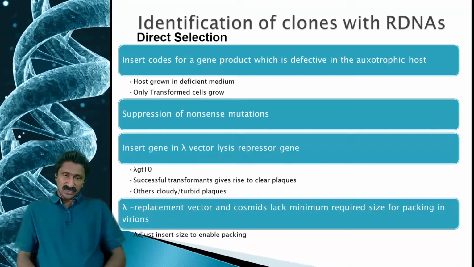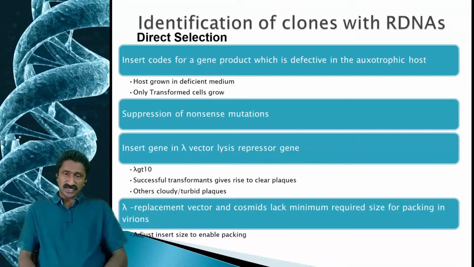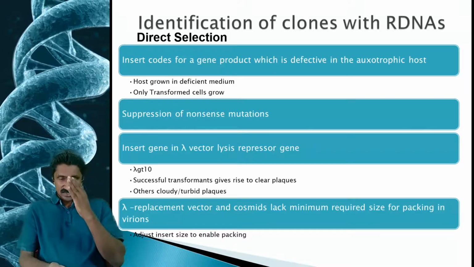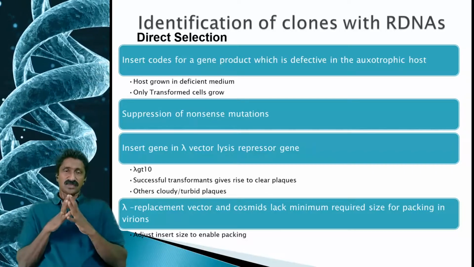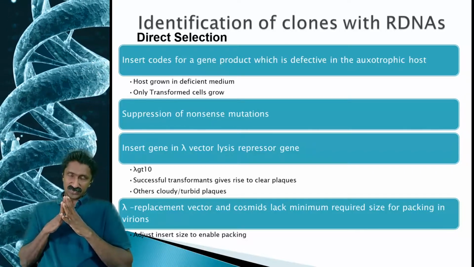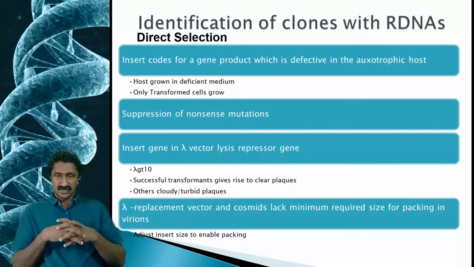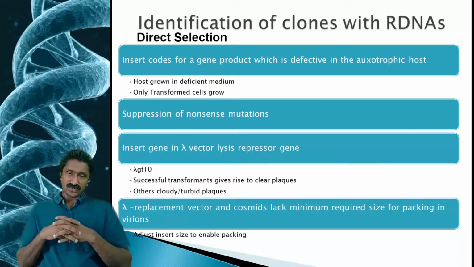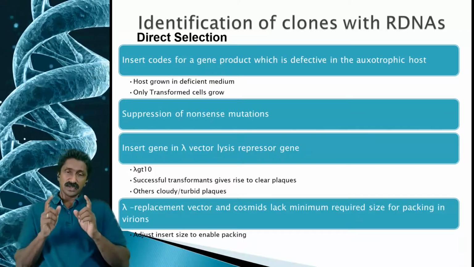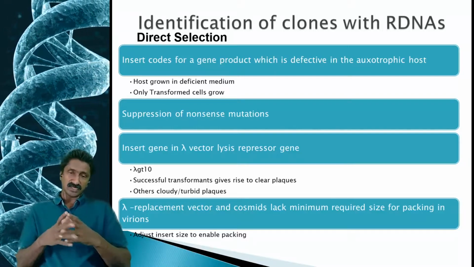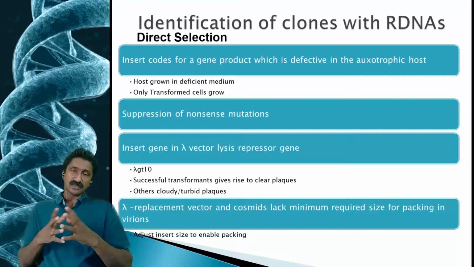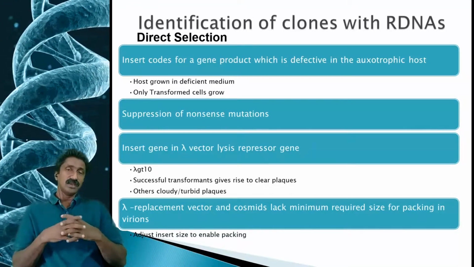A successful transformant will give rise to clear plaques because the insert is placed within the lysis repressor gene, thereby disrupting the function of the lysis repressor protein, which results in the lysis of the transformed cells. So successful transformants will give clear plaques only, and others will give cloudy or turbid plaques because there is a functional lysis repressor in the normal vector.